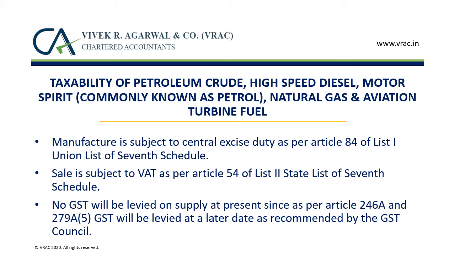Whereas, their sale is subject to VAT as per Entry 54 of List 2 State List, of the 7th Schedule. However, no GST will be levied on supply of these products at present, since as per Article 246A, and 279A(5), GST will be levied at a later date, as recommended by the GST Council.